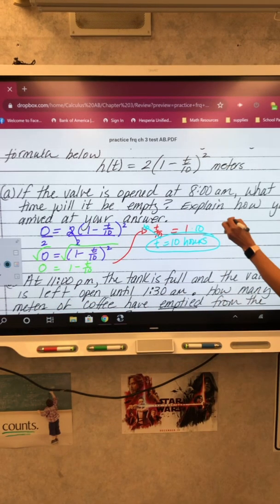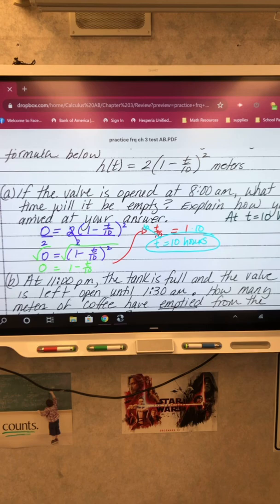Okay, so for my write-up, I could say at t equals 10 hours after the valve is open. I always get the same thing. Oops.